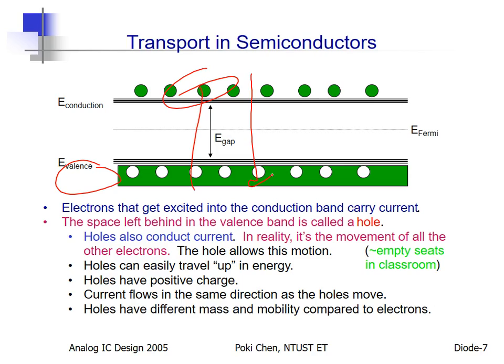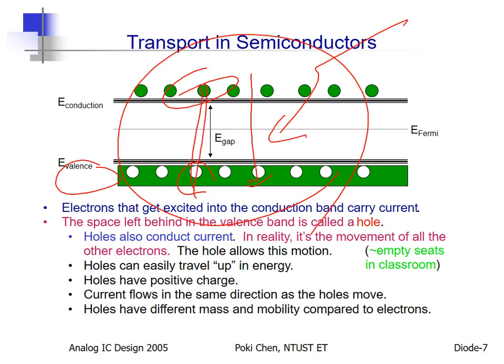Anyway, many kinds of issues. Not only thermal energy, not only kinetic energy, but also light. If you shed some light on the structure, some of the electrons will be free.